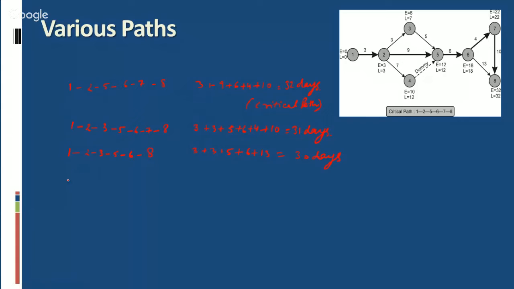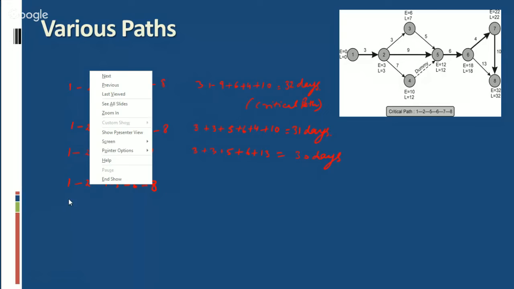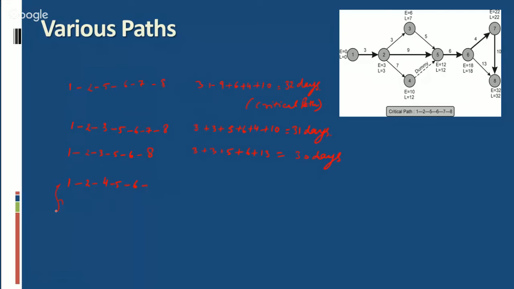One another path is also possible. 1, 2, 4, 5, 6, 8. One another also possible. 1, 2, 4, 5, 6, 7, 8.